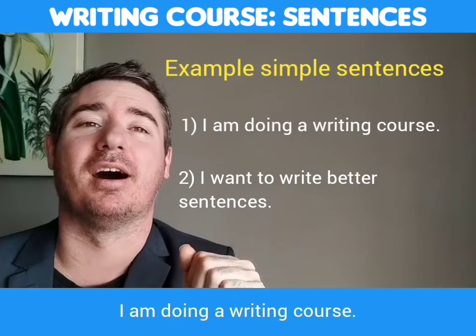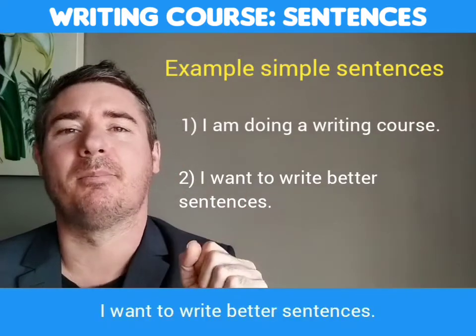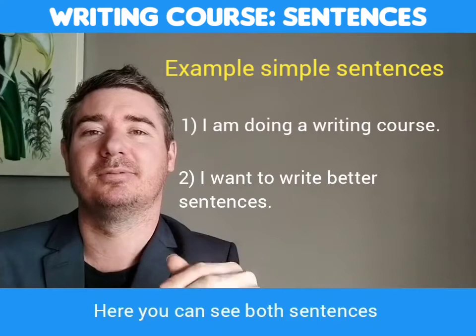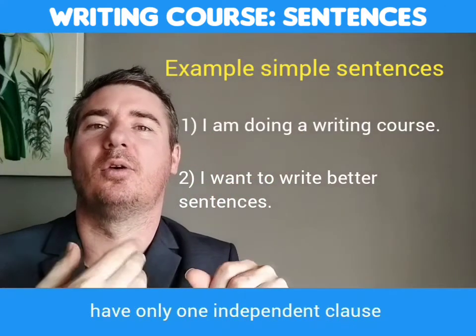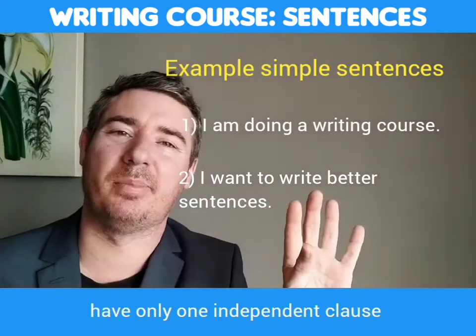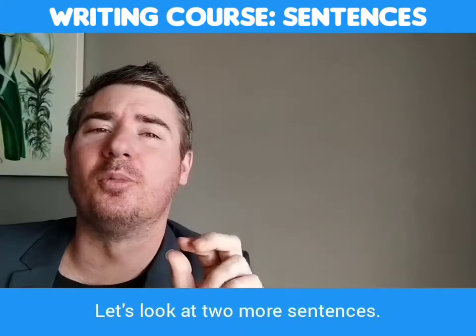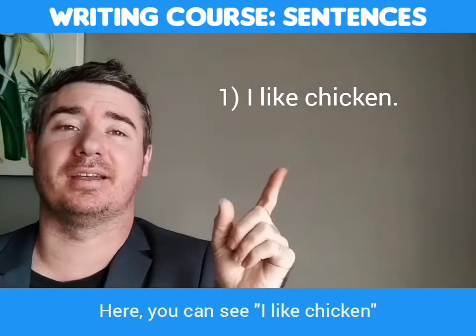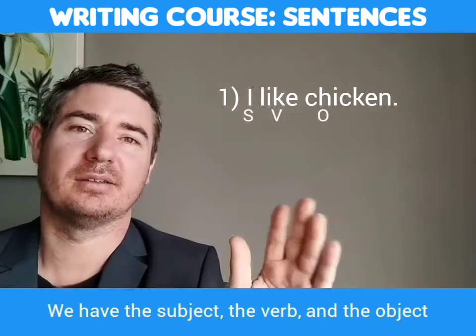I am doing a writing course. And I want to write better sentences. Here you can see both sentences have only one independent clause. Let's look at two more sentences. Here you can see I like chicken. We have the subject, the verb, and the object.